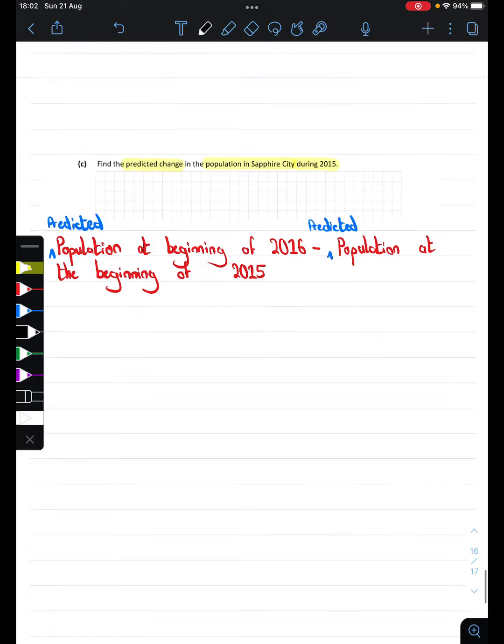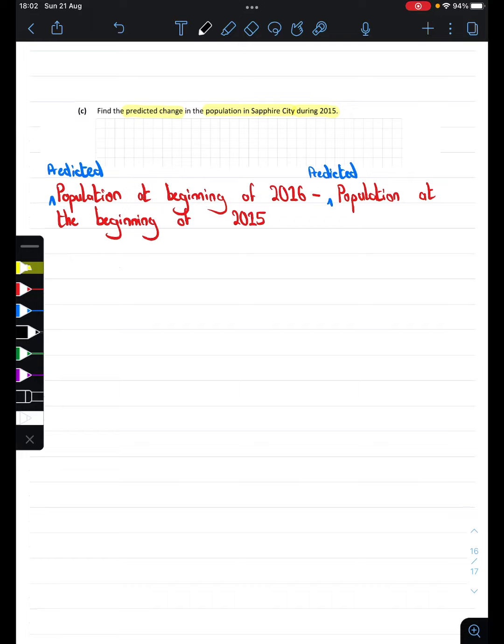Okay, and so we can calculate this predicted population at the beginning of 2016. That's just t equals 6. So we can use our population formula, which again is 1.1 e to the 0.1t by 10 to the power of 6.